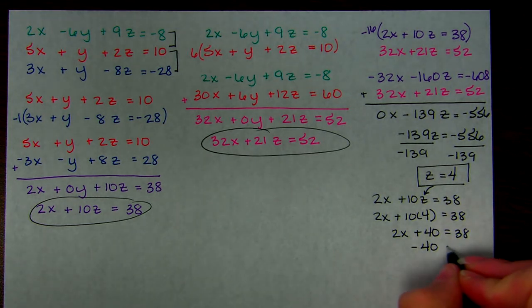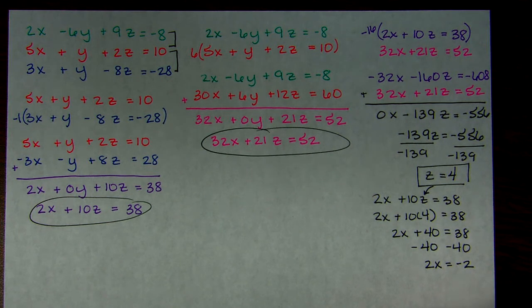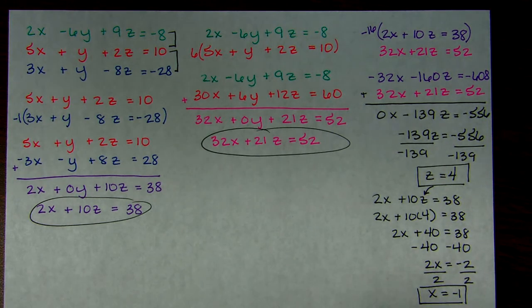Subtract the 40. I get 2x is equal to negative 2. Divide by 2. x is equal to negative 1. And that is our second variable. Now we have two variables, which is super awesome and exciting.